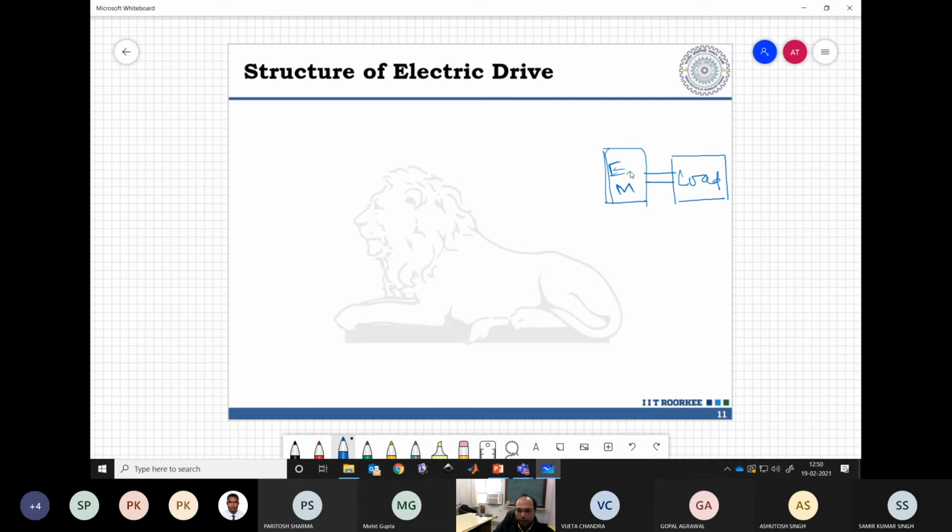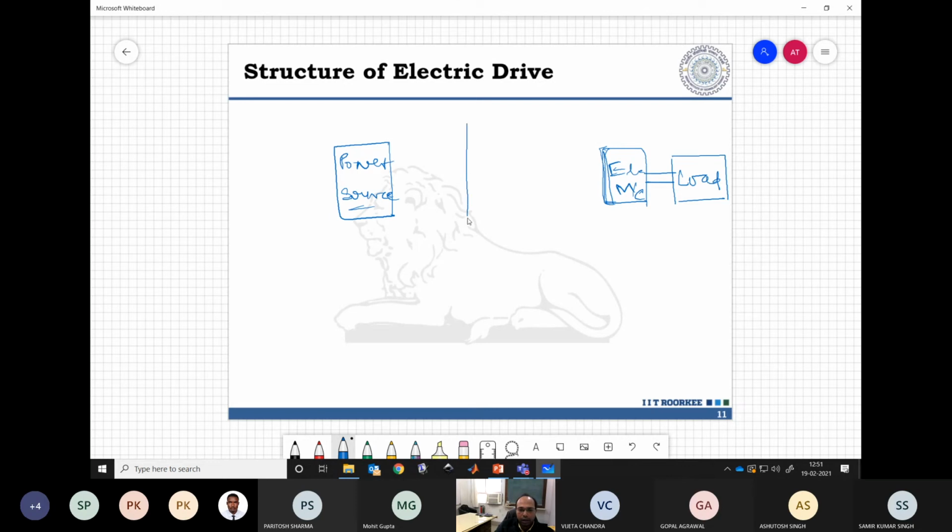So of course, when we have an electric motor, then definitely we will have some power source feeding that motor, an electrical power source. Now in most of the cases, in this entire course, we will not be feeding power directly to the machine, which means we will not be having direct online start or any such thing for our system.